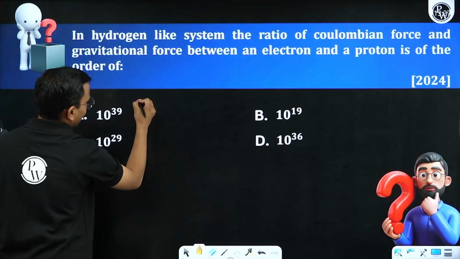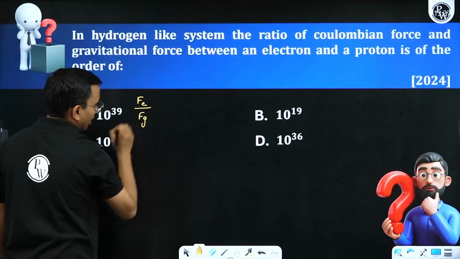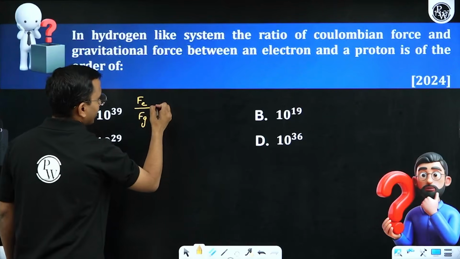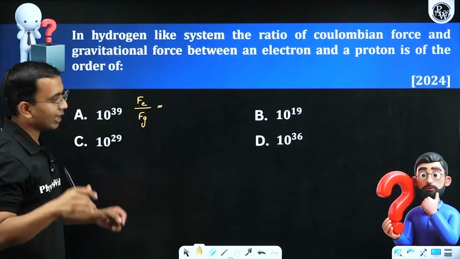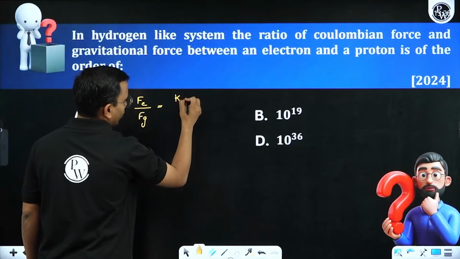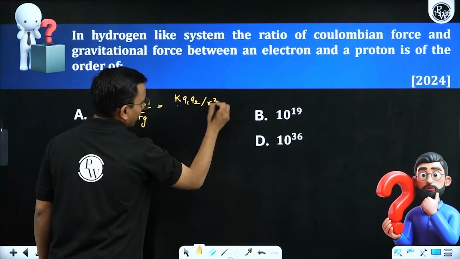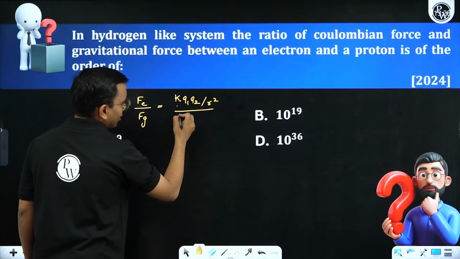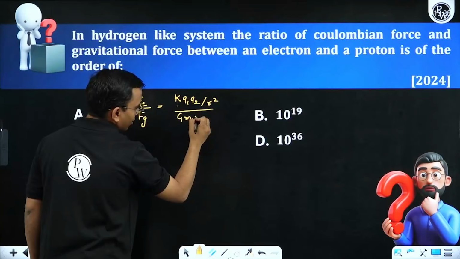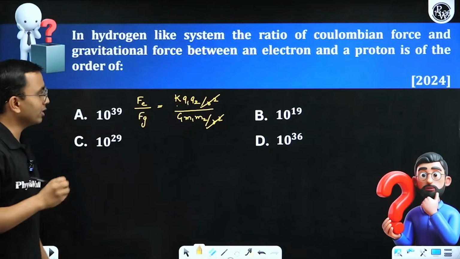F electrostatic divided by F gravitational, I need to find this ratio. What is F electrostatic? K q1 q2 by r square, divided by G m1 m2 by r square. Anyway, the ratio will not depend on the distance.